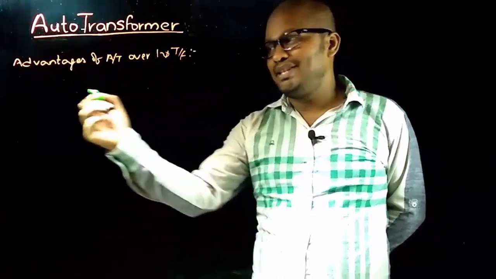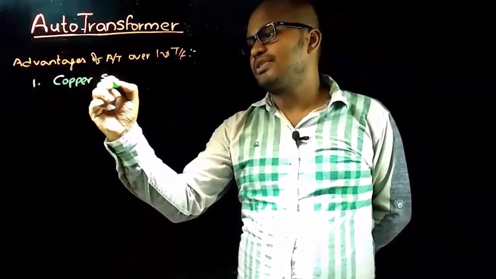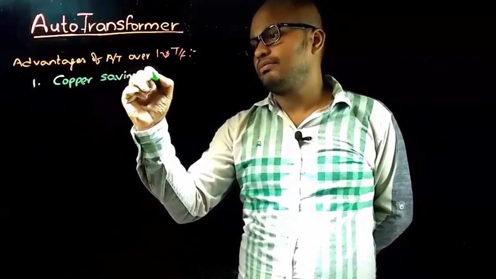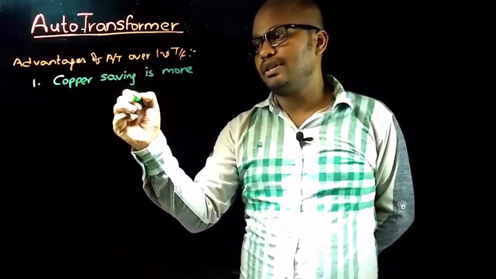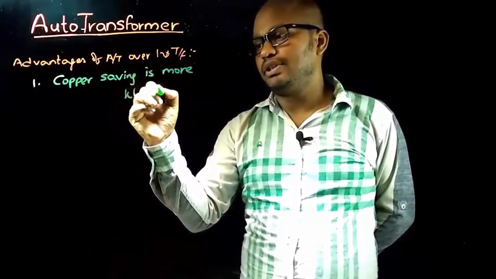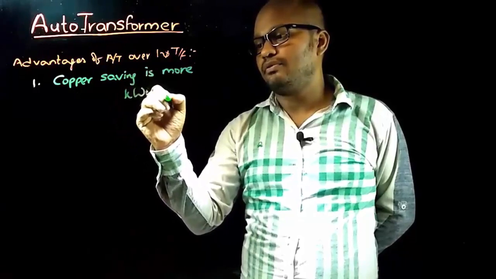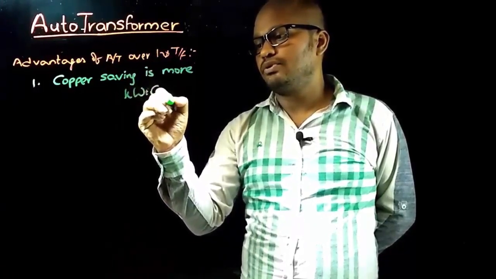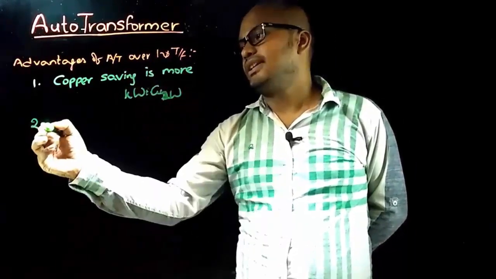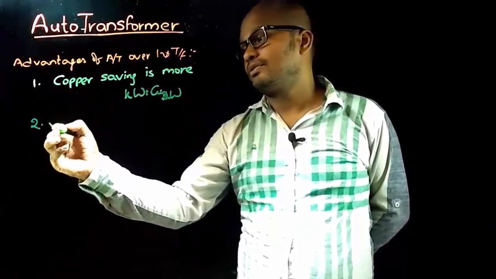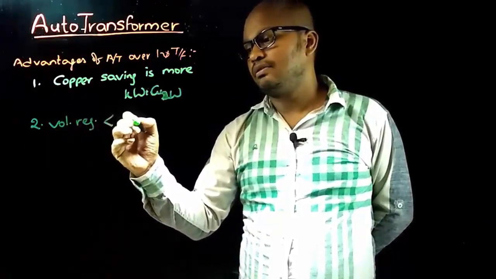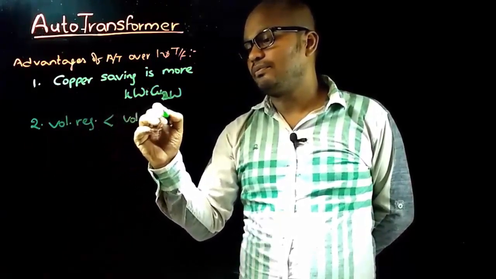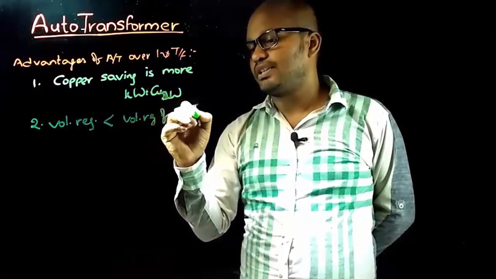Therefore, the following are the advantages of autotransformer over single phase transformer. Copper saving is more, and the saving of copper is K times the weight of copper of two winding transformer. The second advantage of autotransformer is that voltage regulation is less than voltage regulation of two winding transformer.